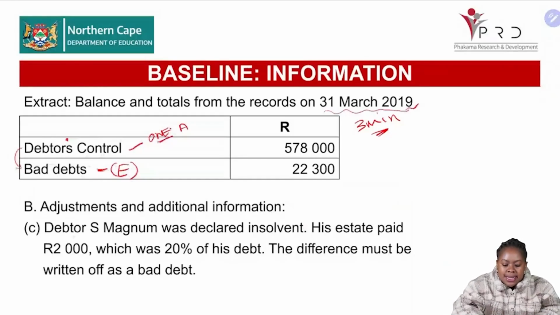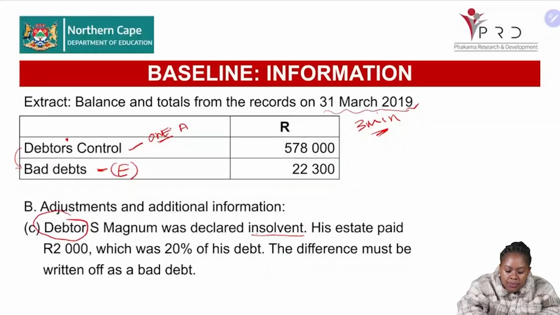The transaction says a debtor, S Magnum, was declared insolvent. So this person is our debtor. Are we following? So they are here. They were declared insolvent. His estate paid 2,000, which was 20% of the debt.